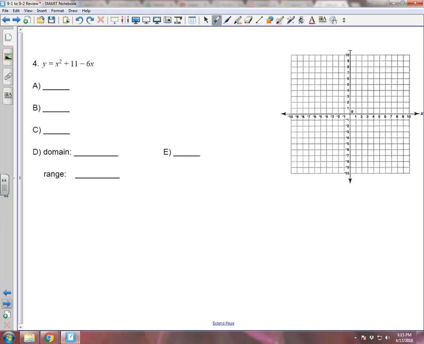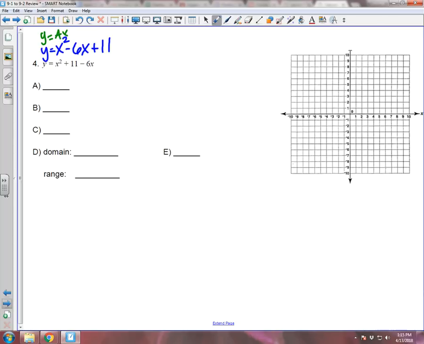Not in order. Can you put it in order for me? If we put this in order, what does it look like? How are we doing here? Good? All right, so what form is this? This is standard form.